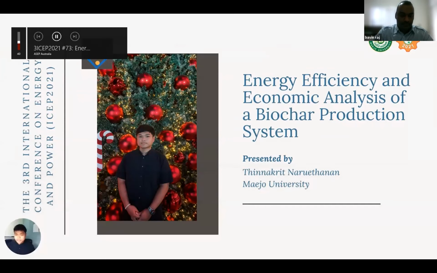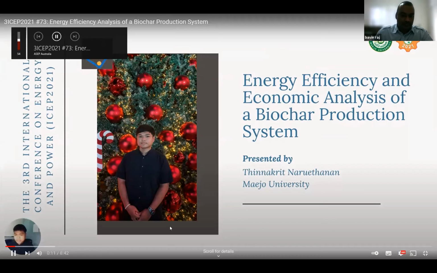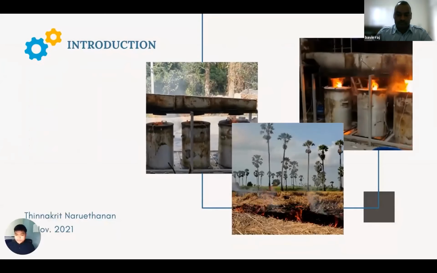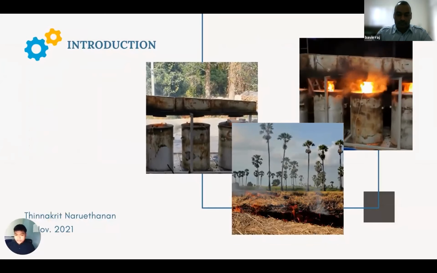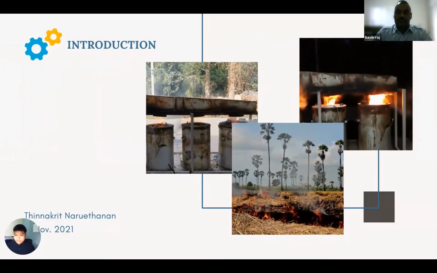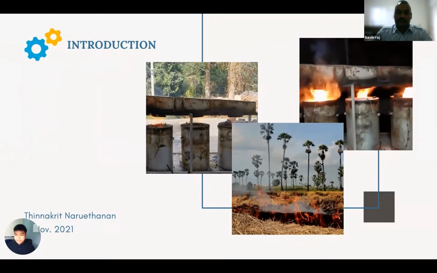Today, I would like to present my project, energy efficiency and economic analysis of biochar production system. Biomass is an economic substance that is natural energy storage and can be used to produce energy.